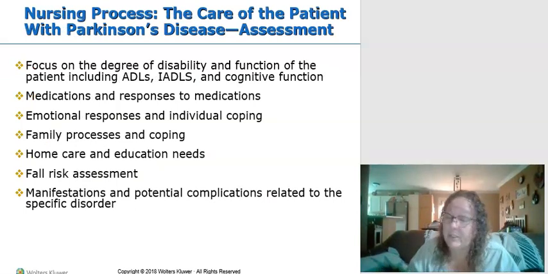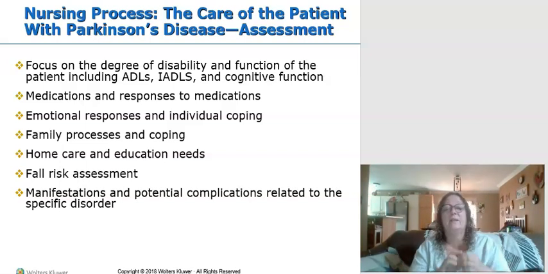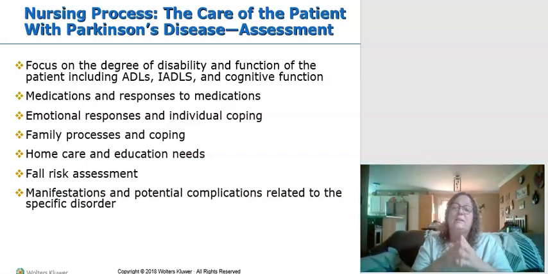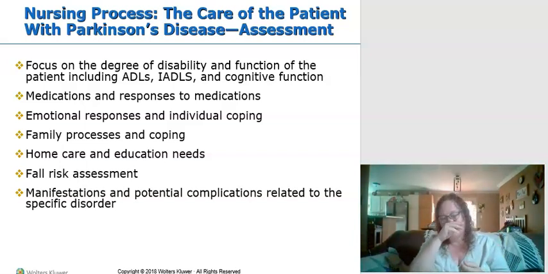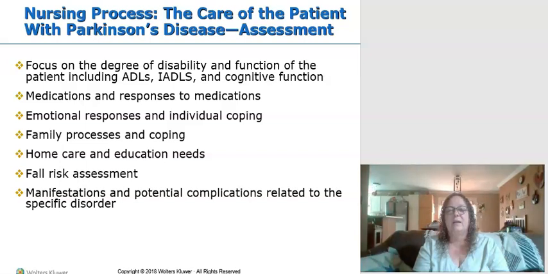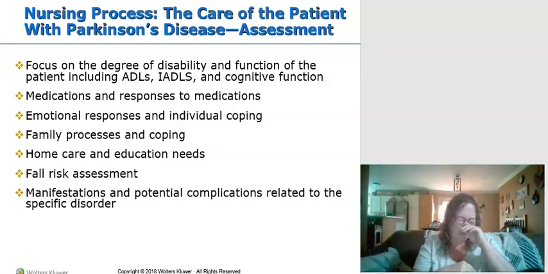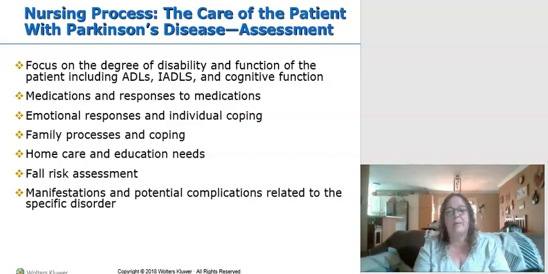So for our assessment of patients with Parkinson's, we want to focus on the degree of disability and function of the patient, including their ADLs, how independent are they with their ADLs, how is their cognitive function, what medications are they on, how is the response to medications, the emotional response and the individual coping, how are the family processes and how is the family coping, home care and educational needs, falls risk assessment in the hospital.